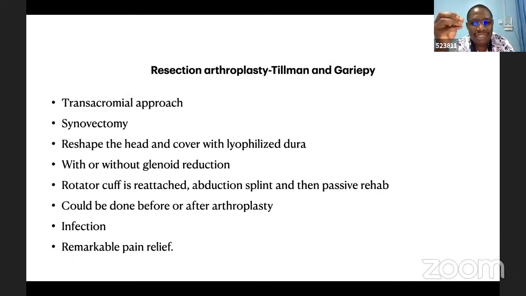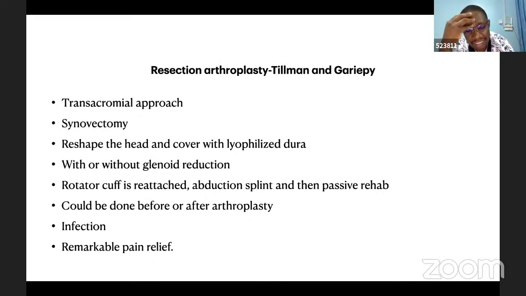So if you are doing it as per Tillmann, then you can use lyophilized dura or fascia lata and cover the head of the humerus after you have excised or reduced the size of that head. That is the old resection arthroplasty described by Tillmann.